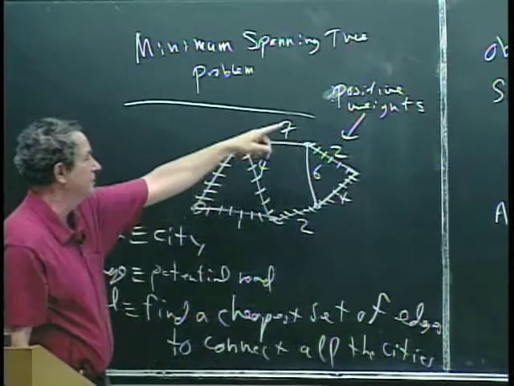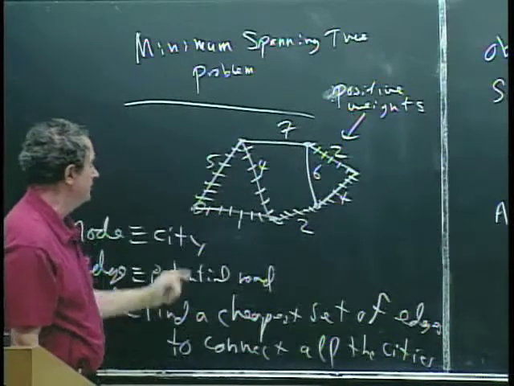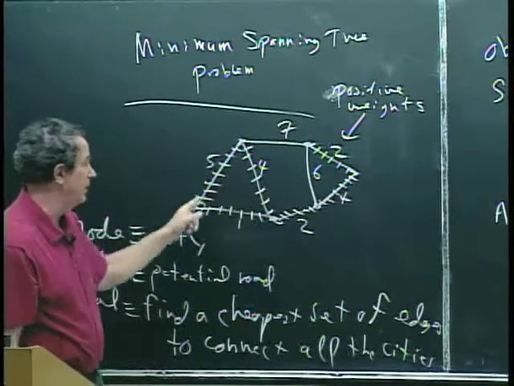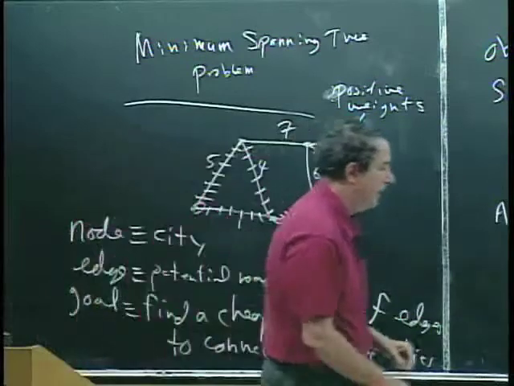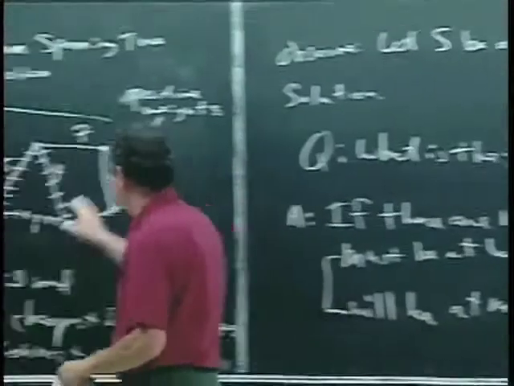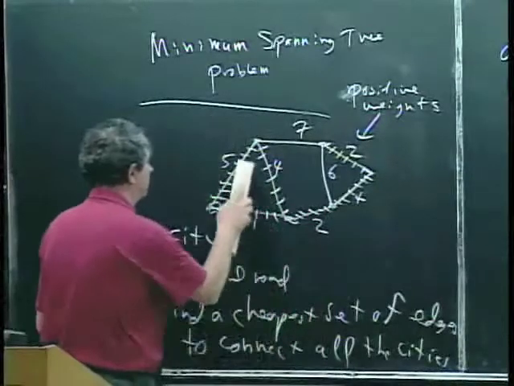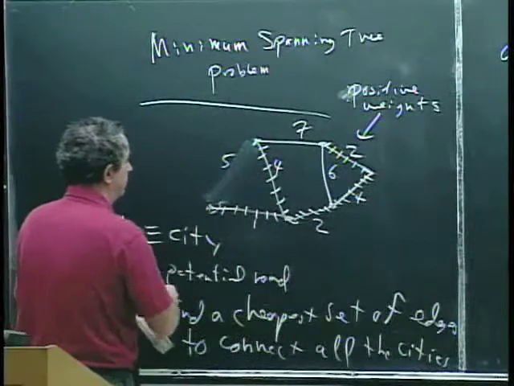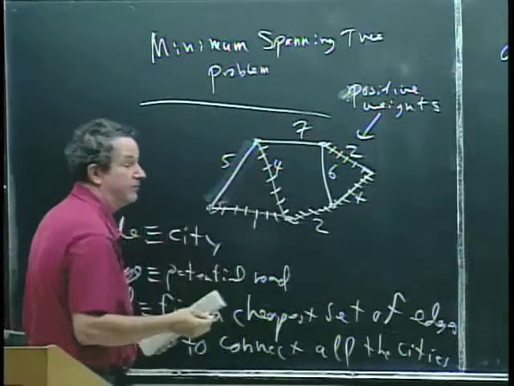So since the weights are positive, there won't be any cycles in the optimal solution, and a subgraph, a set of edges that doesn't have cycles, is either a tree or a set of trees, which are called a forest.